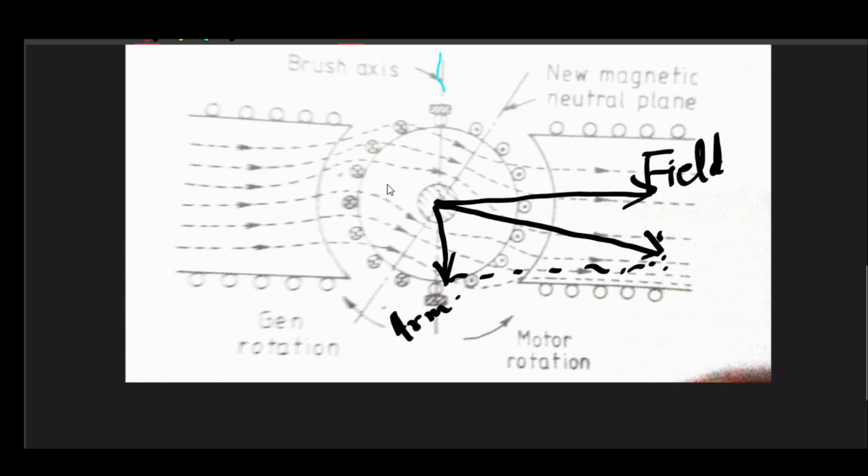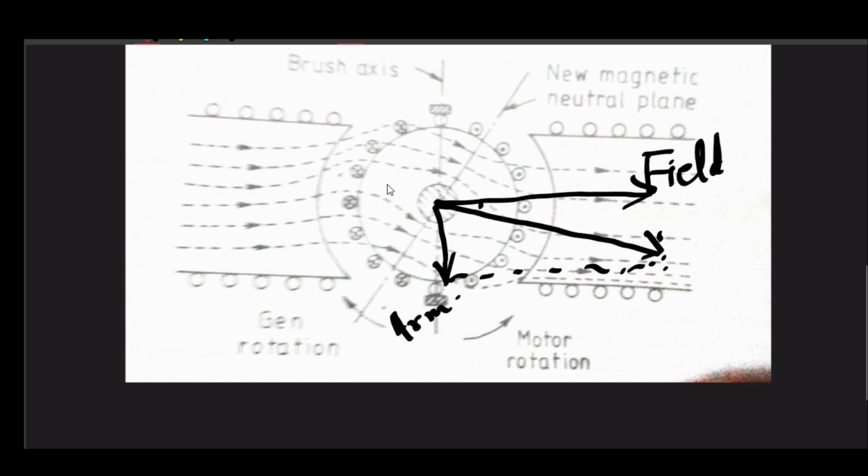See, when your field vector was here, your magnetic neutral axis coincided with your geometric neutral axis, and that is perpendicular to your field winding, and the coil that is undergoing commutation by your brush should be placed in this position.